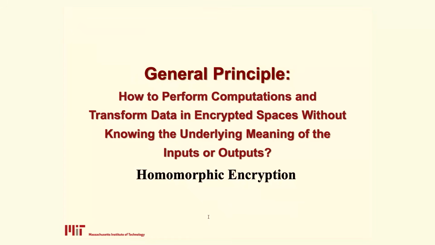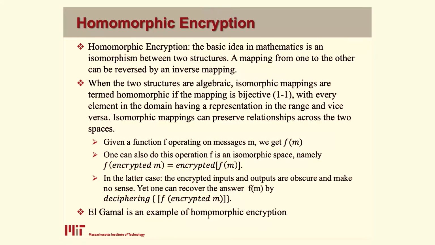Okay. Next, some more general concepts: homomorphic encryption. The basic idea with homomorphic encryption is, again, the mathematics. You have an isomorphism between two structures, a mapping from one to the other, and the reverse, the other to one. You have direct and inverse mappings.